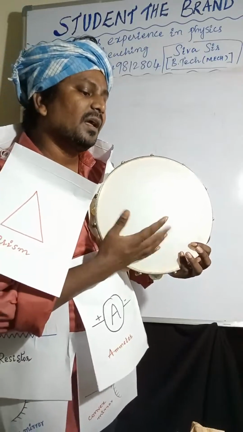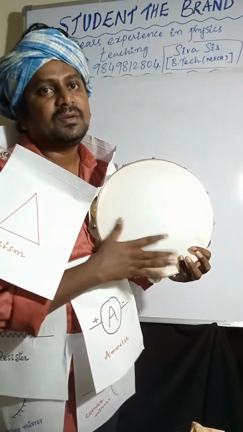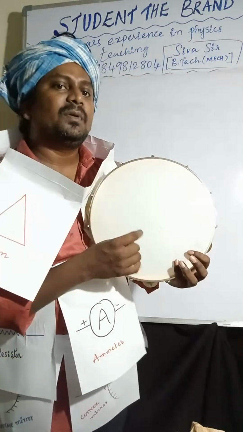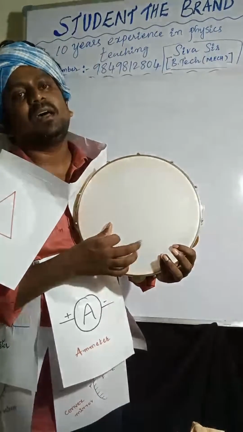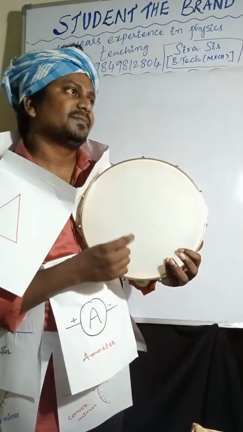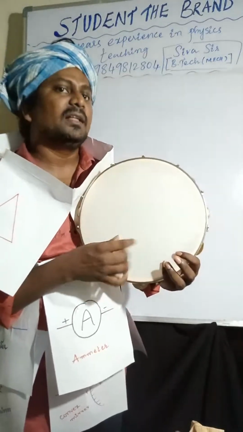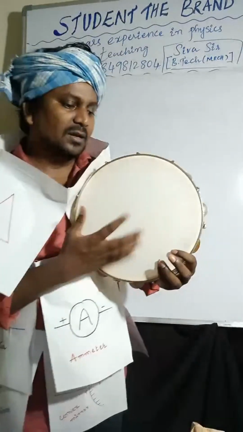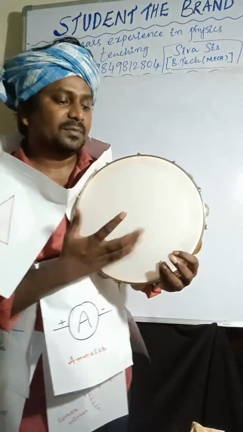Hypermetropia, hypermetropia. Far a distance we can see, near distance we can see. Hypermetropia, hypermetropia.